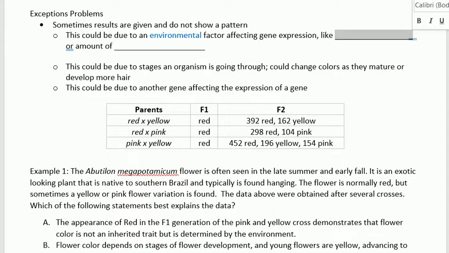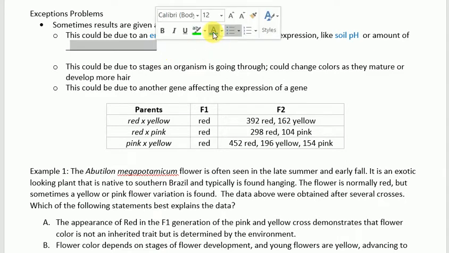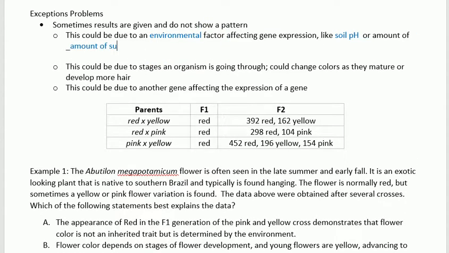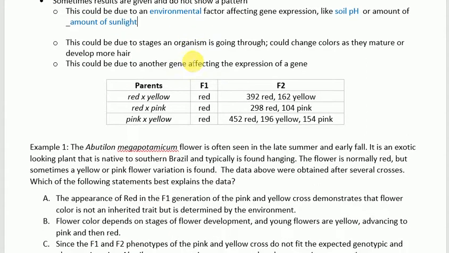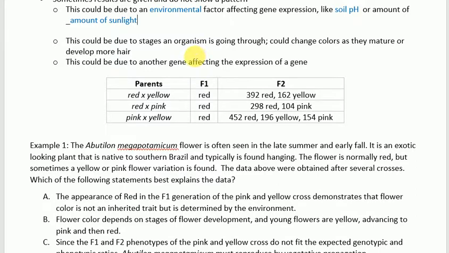An example could be soil pH of a plant, or maybe the amount of sunlight. It could also be due to stages that an organism is going through, so it could change colors as it matures or develop more hair, etc. It could also be due to another gene affecting the expression of a gene.